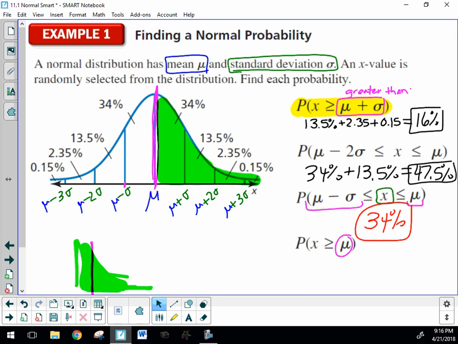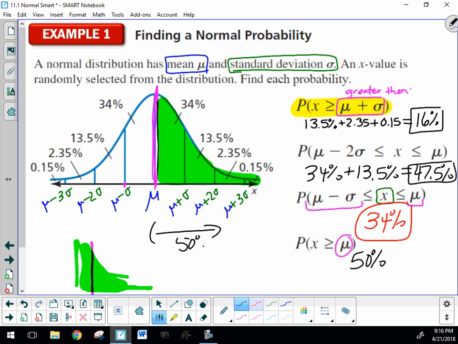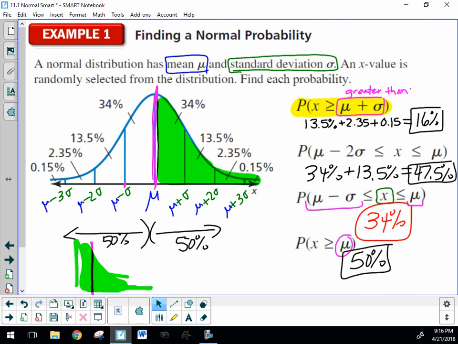So you could add up all those numbers to get your answer, or you could remember that the mean is exactly the center of the data, and it divides the data evenly into two groups, and there is a 50% chance that x would be greater than the mean. These things all add up to 50%. It's symmetric exactly, and there would also be 50% on the other side. So this particular probability that x is greater than mu would be 50%.